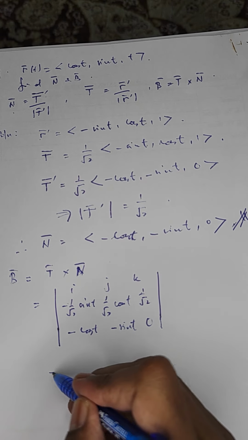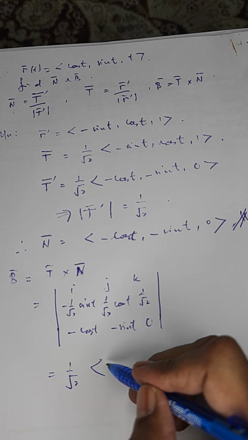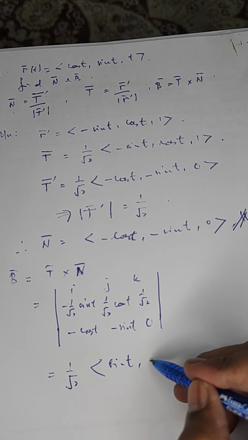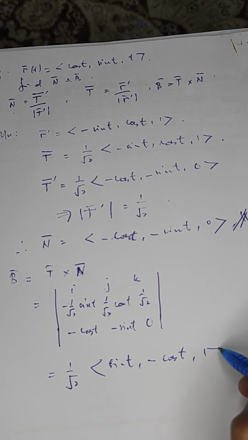So that gives you 1 over root 2 times sine t, negative cos t, and 1. This is your binormal vector.